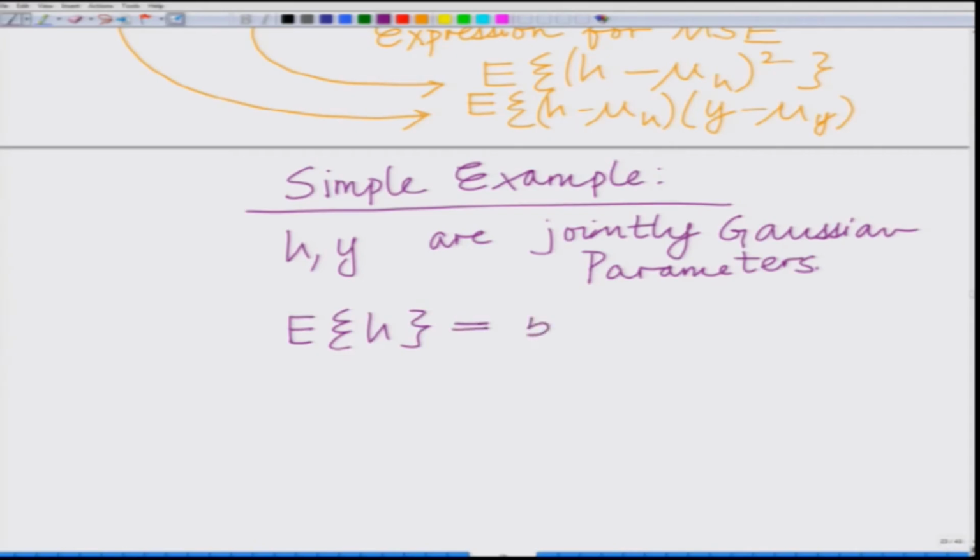expected h equal to 5, that is, this is a non-zero mean, and the variance of h is expected h minus mu h. So, expected h is 5, which is basically your mu h. H minus mu h square expected value is nothing but the variance sigma h square, which is also R H H. This let us say is equal to 1. So, sigma h square equals 1, which means sigma h is also equal to 1.